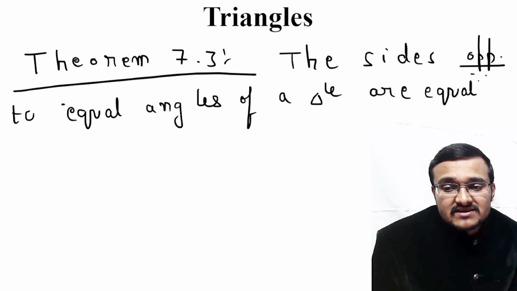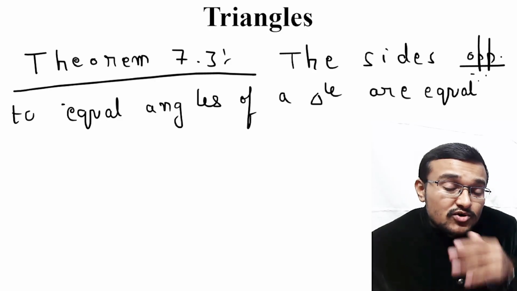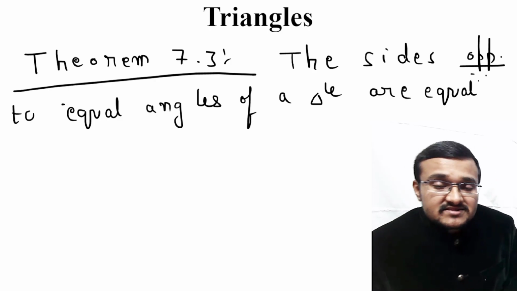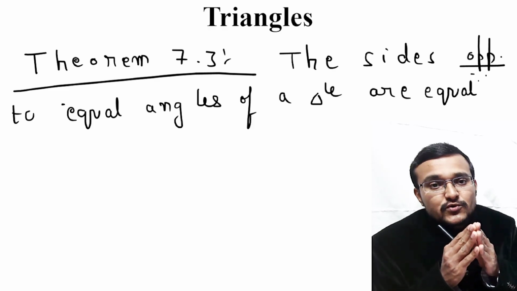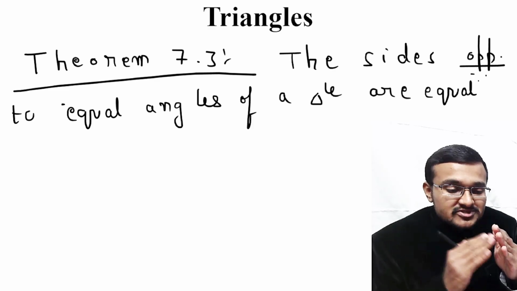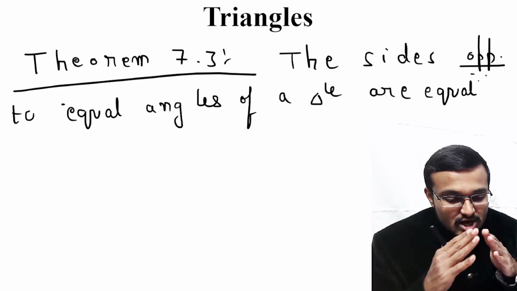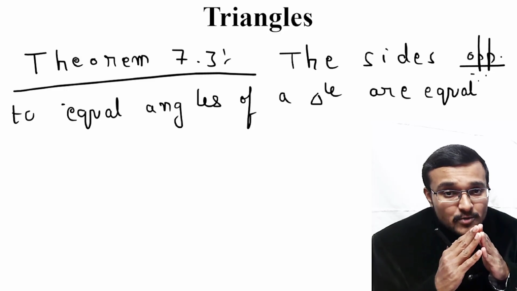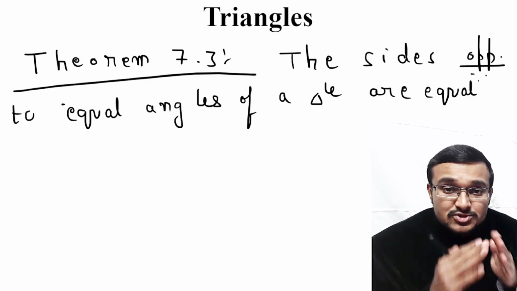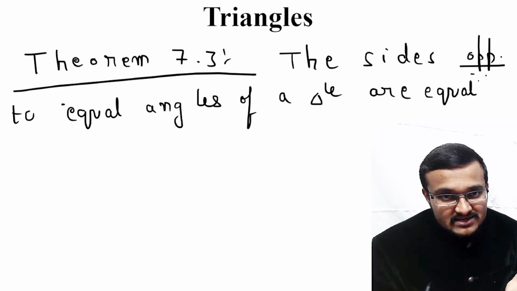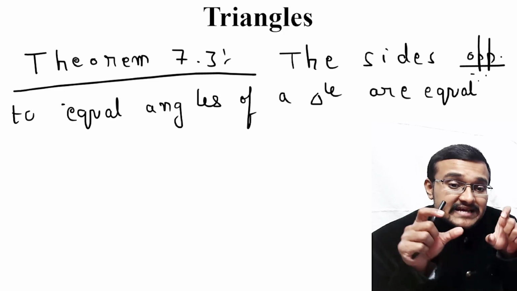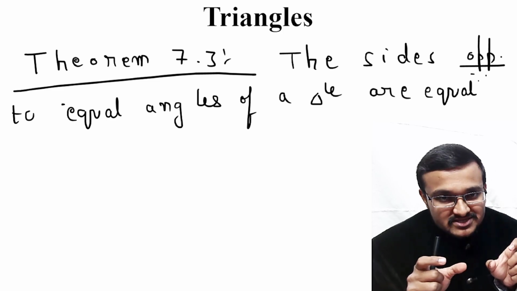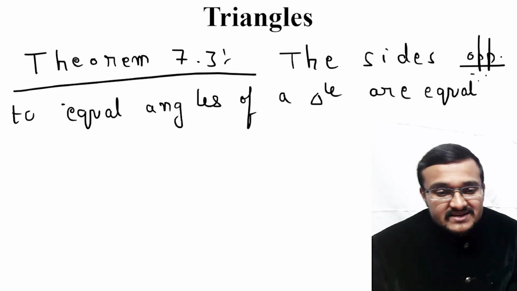So the same thing we have to prove the other way. That is, in theorem 7.2 you have proved that opposite angles are equal to each other. So angles which are opposite to the equal sides of an isosceles triangle are equal to each other. Now they have already given angles are equal to each other. You have to prove opposite sides are equal.